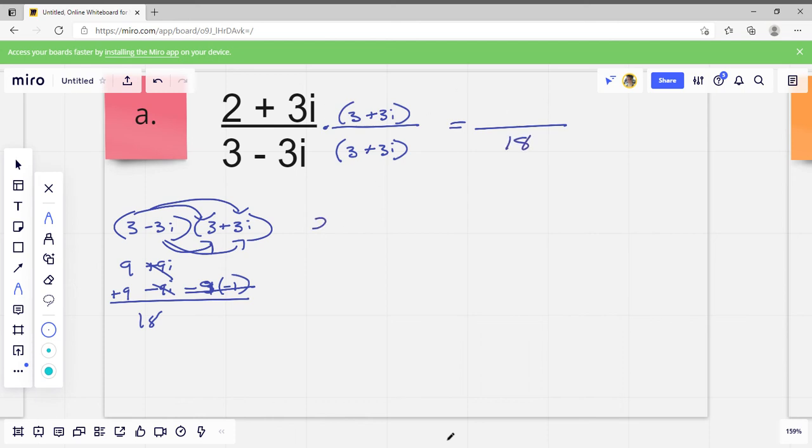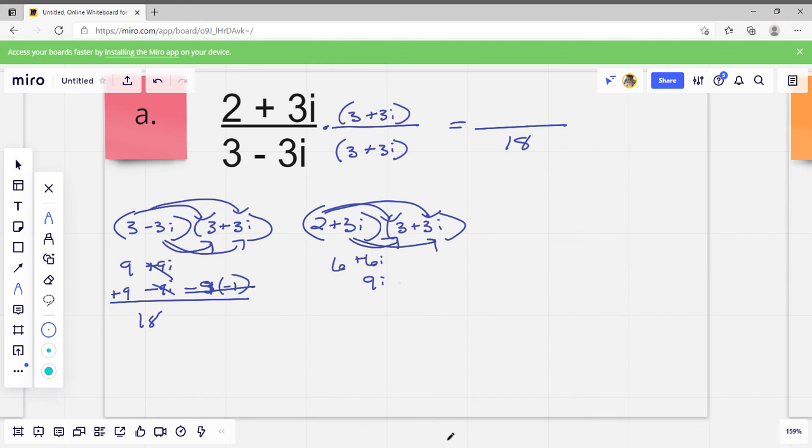And then we've got to do 2 plus 3i times 3 plus 3i. 2 times 3 is 6. 2 times 3 is 6i. 3 times 3 is 9i.